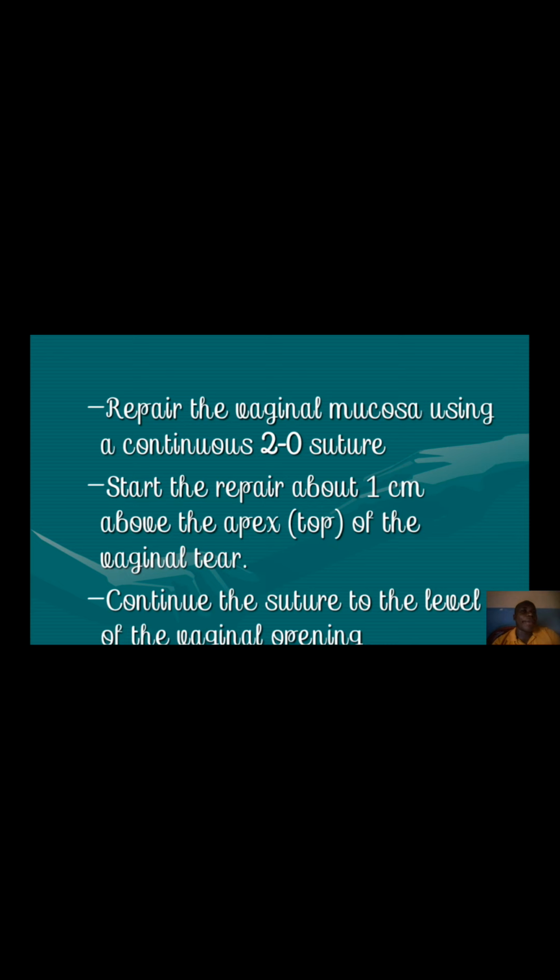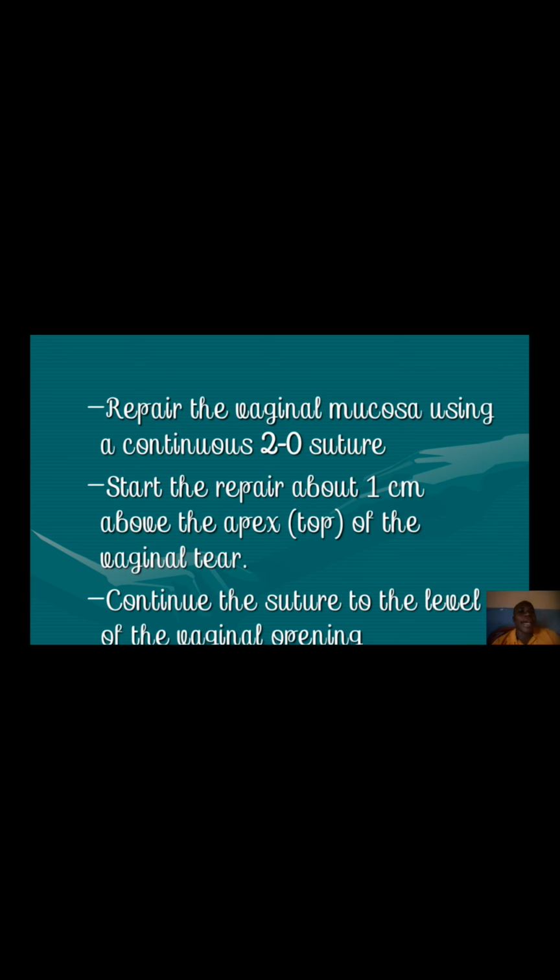Kuna hiyo continuous, ambayo ukishaweka uzi utaunganisha, baada ya kuunganisha utaenda continuous hadi mwisho, ndio unakuja tena kufunga. Lakini kuna nyingine mtu anashona anakata, anashona anakata. Hizo ni interrupted, but this one is continuous repairing. Zote ni sawa, but kuweza kusave time, continuous is preferred.